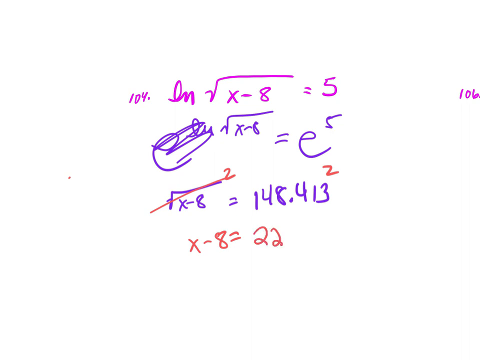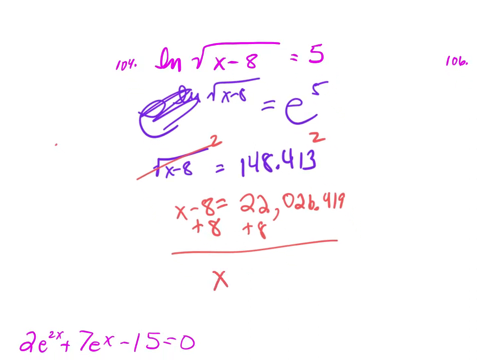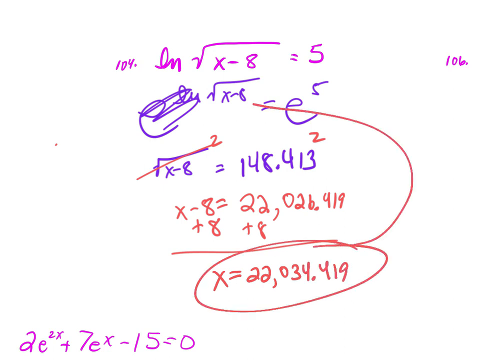I get 22,026.419. And now I need to get x by itself, so I'm going to add 8 to both sides. So add 8, and I get x equals 22,034.419. Take that value, put it in here.